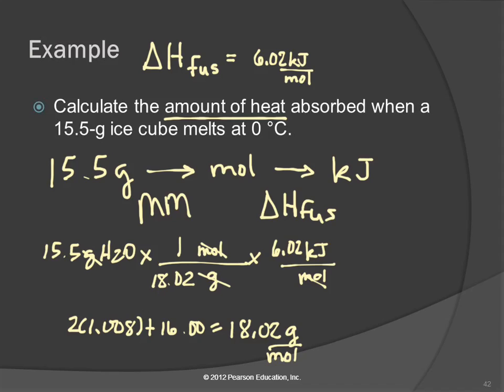So let's see the numbers here. 15.5 divided by 18.02 times 6.02. We should round this to 3 sig figs, and I get 5.18. So this equals 5.18 kilojoules.